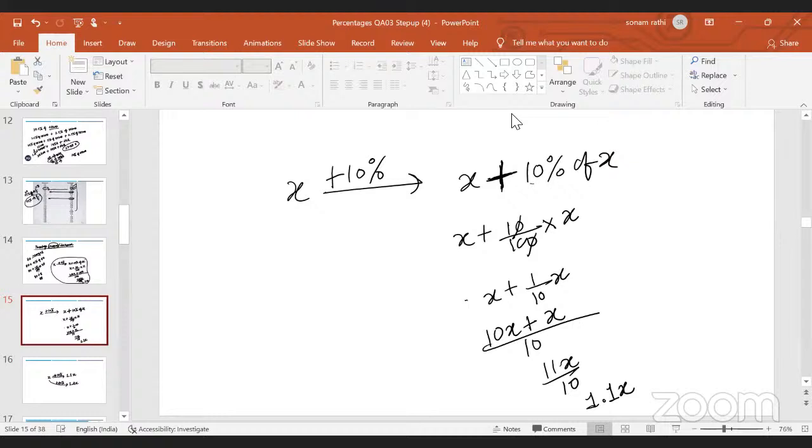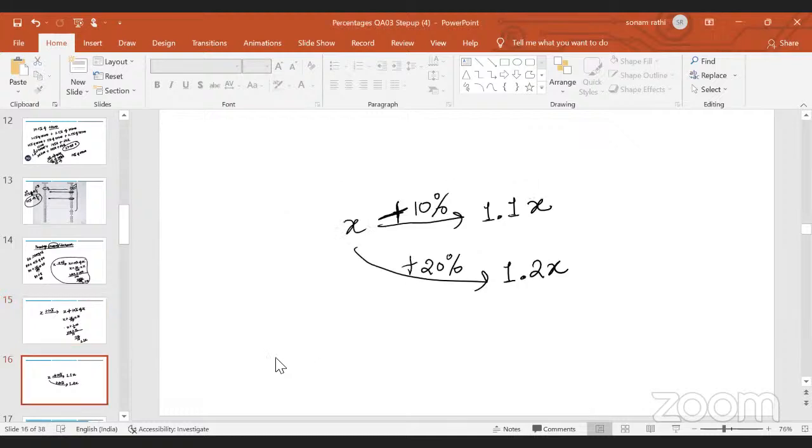Do it. 1.2x, ma'am. Yes, 1.2x. Okay, if I increase it with 30%, what will I get? 1.3x. Very good.